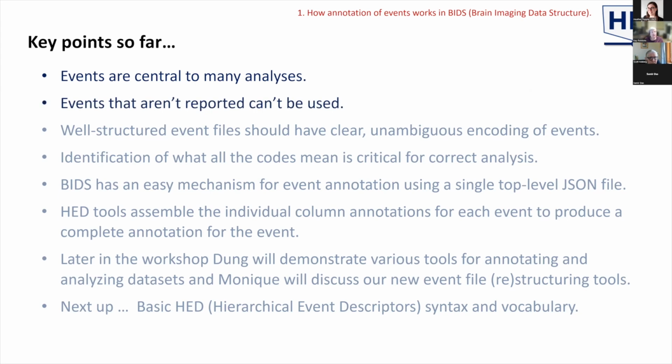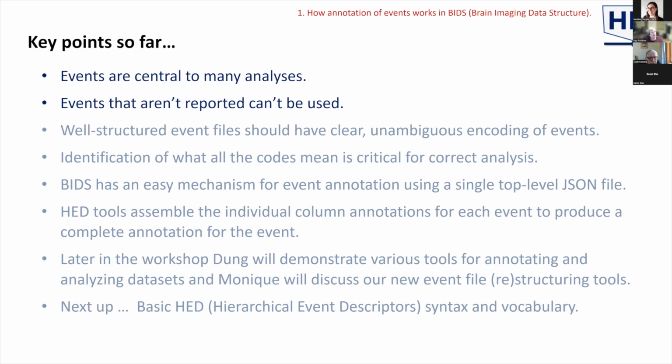One of the things that we find extremely frustrating as we're working with data is that if events aren't reported, they can't be used. And usually if they're not reported, they're not going to be recoverable either. So they're gone. And that precludes using a lot of data for analyses that maybe the original data authors didn't anticipate, and it's an opportunity lost.